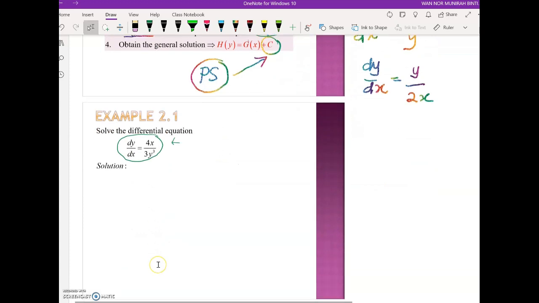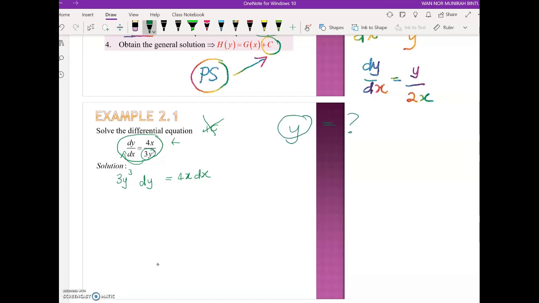Since this question does not give you any initial condition, we just want to find the general solution. So try to rearrange this equation. Your y goes to your left, so that we have 3y cubed dy equals 4x dx. Since we want to find the solution of the differential equation, we want to find y, which must satisfy the differential equation.